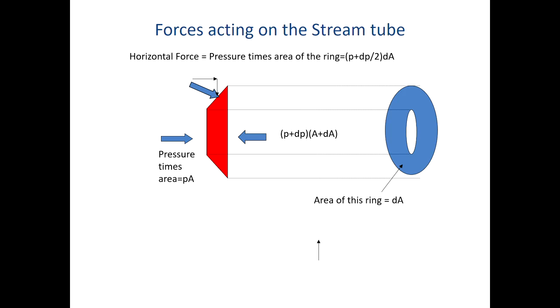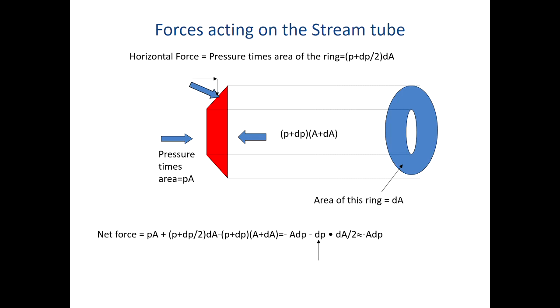So we use all the forces from left to right, then we use all the forces from right to left. The difference is the net force. This is what is causing the net rate of change of momentum. So net force is all the forces from left to right, which is P times A, which is acting on the left side boundary. The second term is on the slanted surfaces.